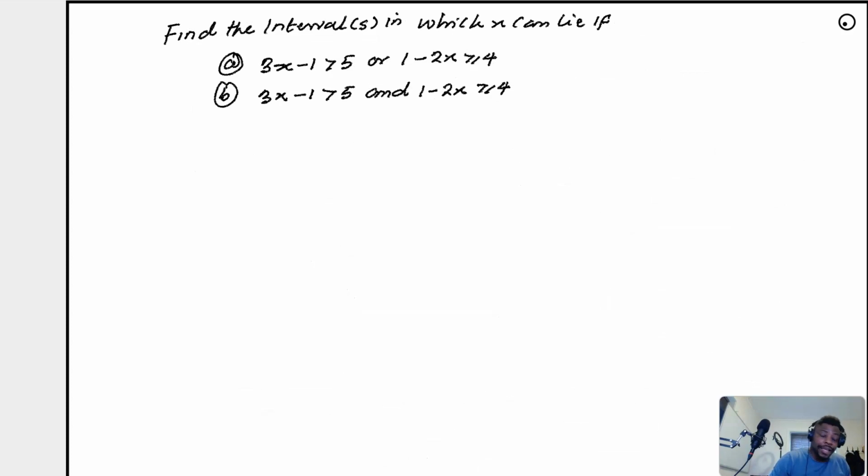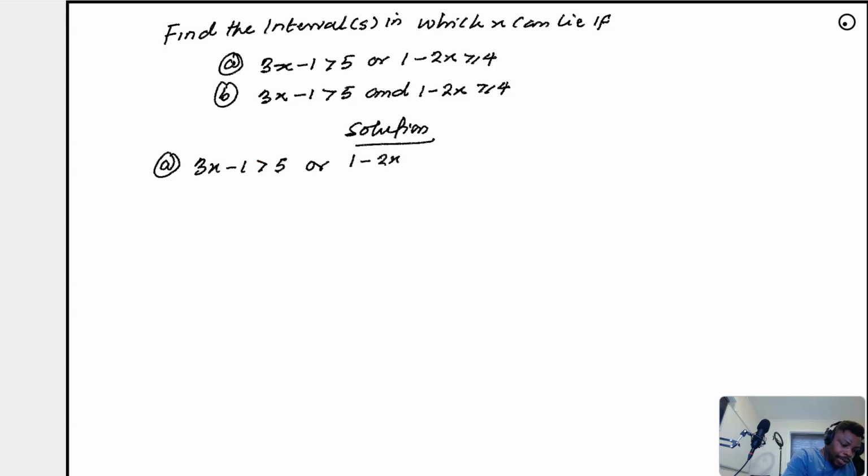Now, let us pay attention. Find the intervals in which x can lie if, for the first one, A, 3x minus 1 is greater than 5, or 1 minus 2x greater than or equals to 4. The first thing you need to notice here is the word or.